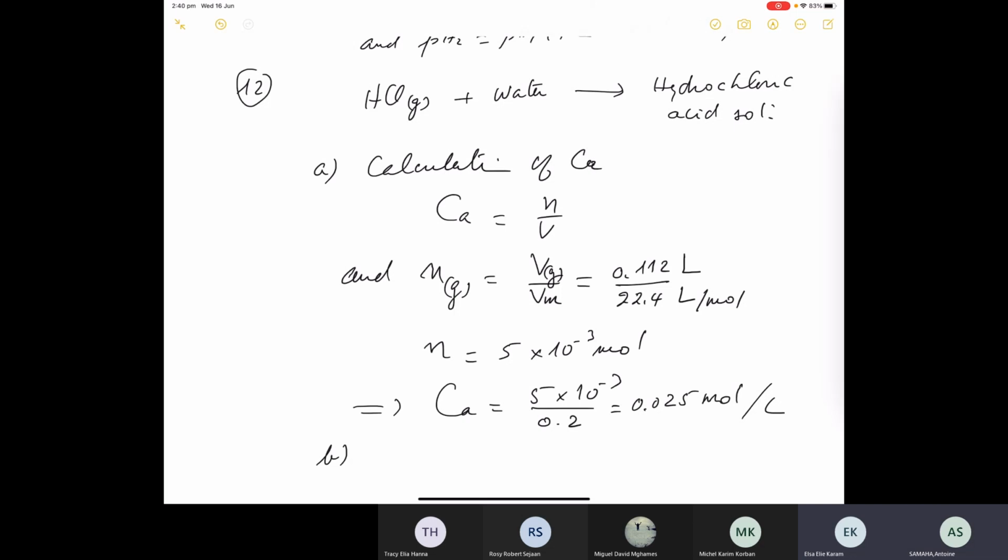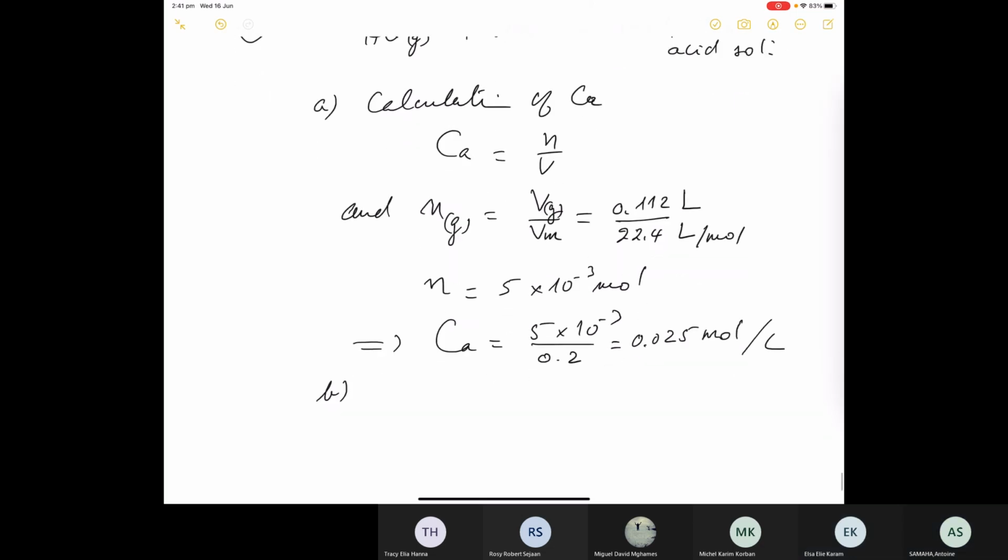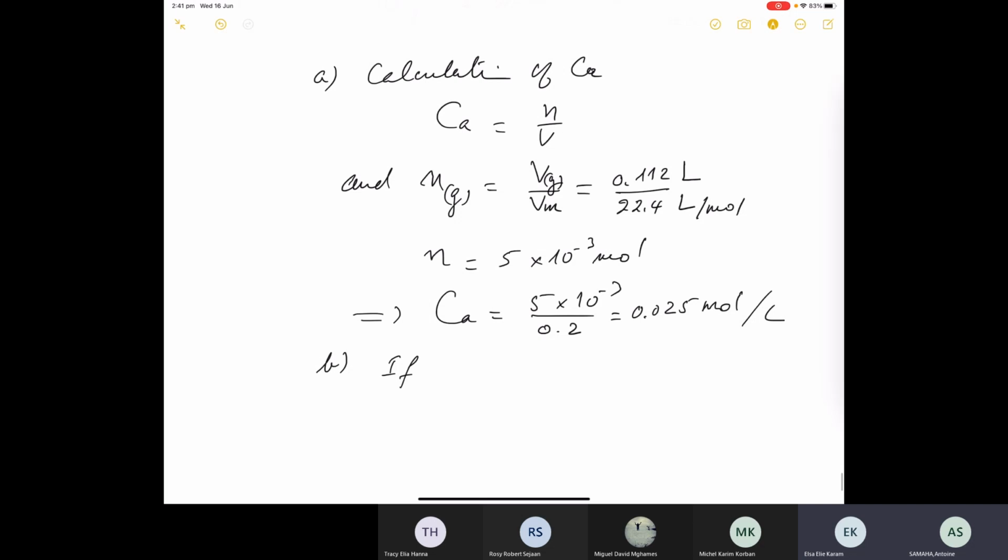Now it says show that HCl is a strong acid. If HCl is a strong acid, this means that pH is equal to negative log Ca.